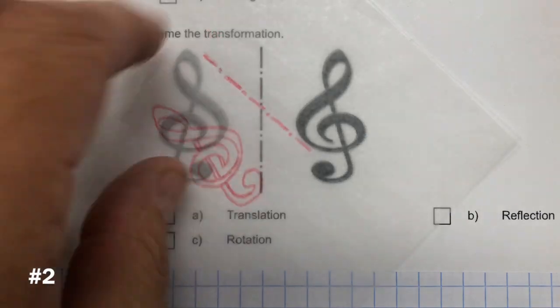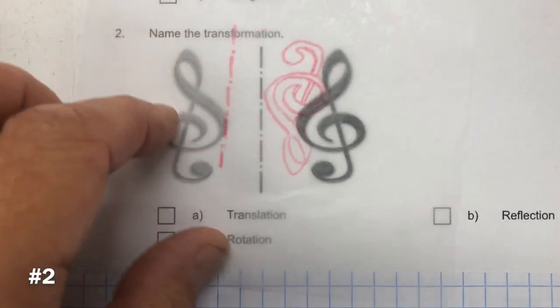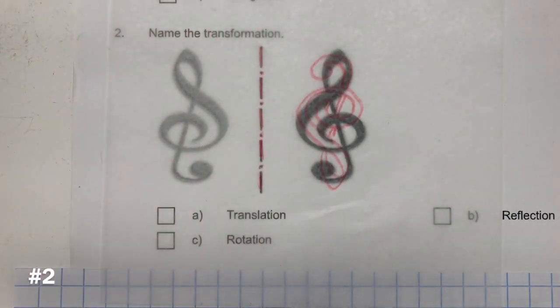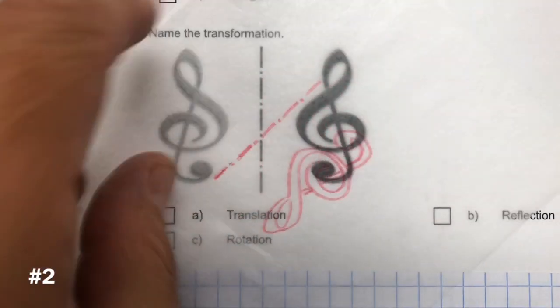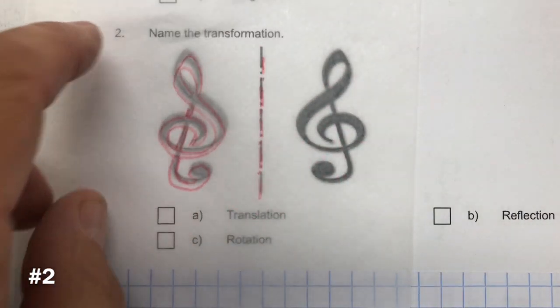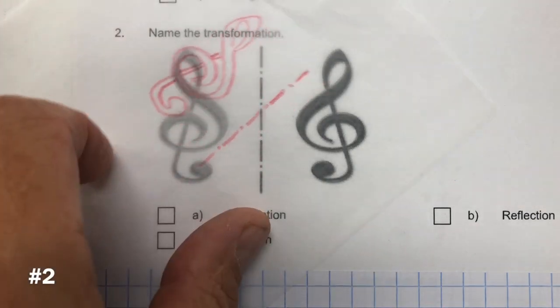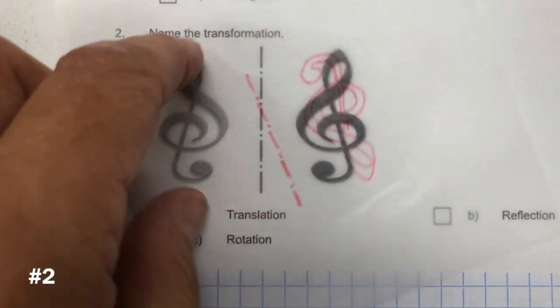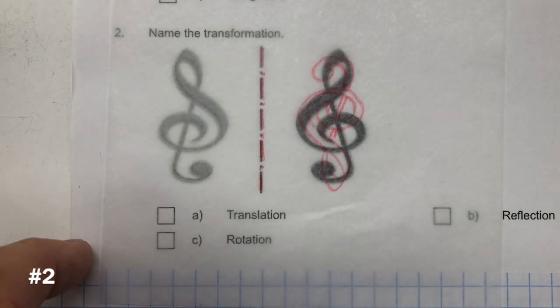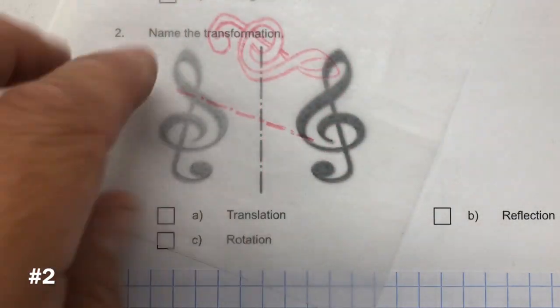If I turn this counterclockwise, you can see that the image is now upside down. Here's your pre-image. And if I do it clockwise, it's upside down. So this is not a rotation.